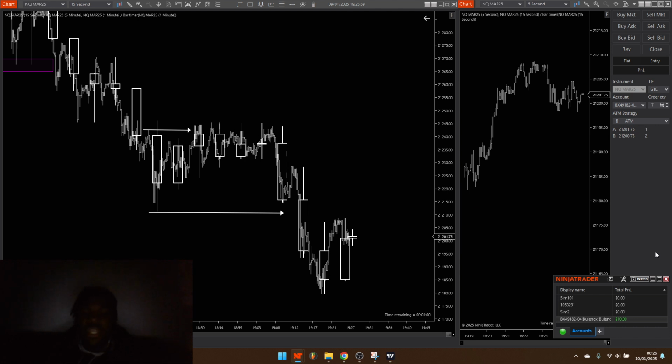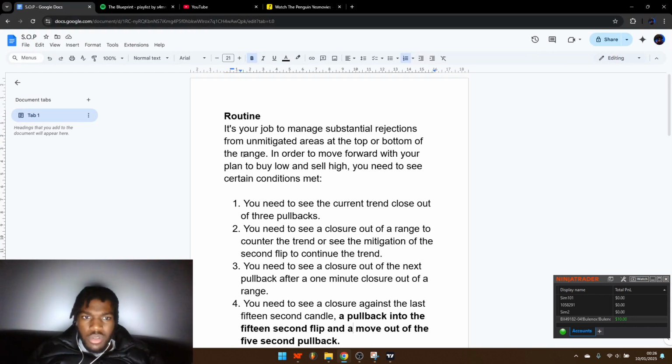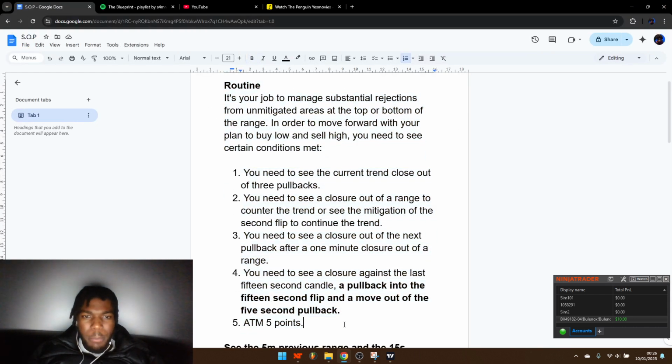But this is valuable data for me moving forward when I assess my performance at the end of each month. If I don't go through it now, live, backtesting cannot teach me that. Backtesting taught me my routine. Backtesting taught me my high probability setup.